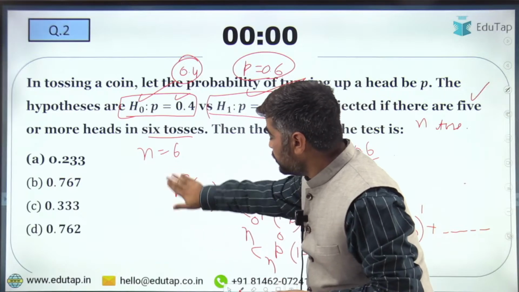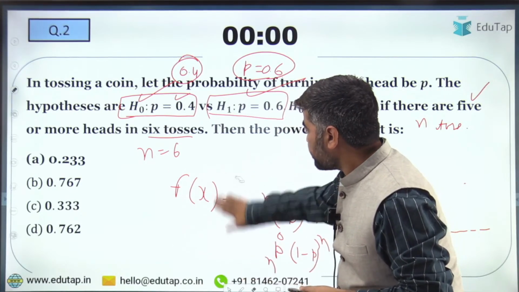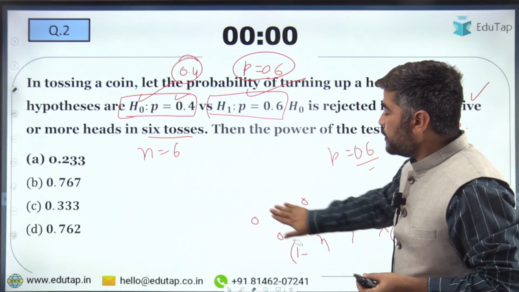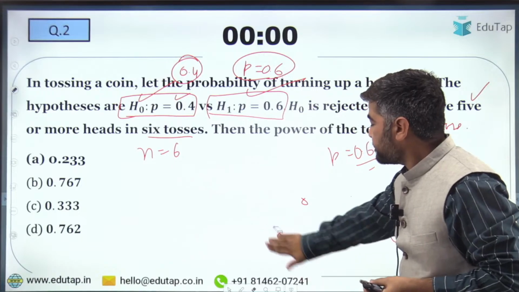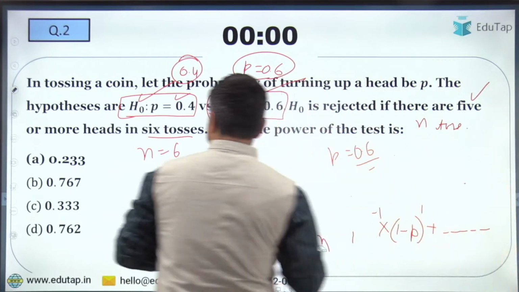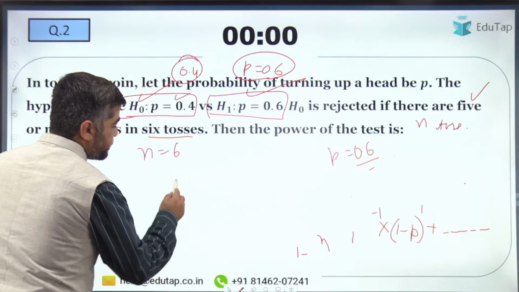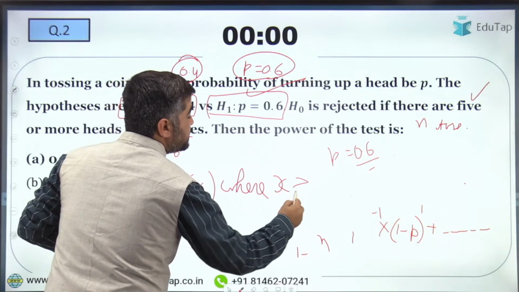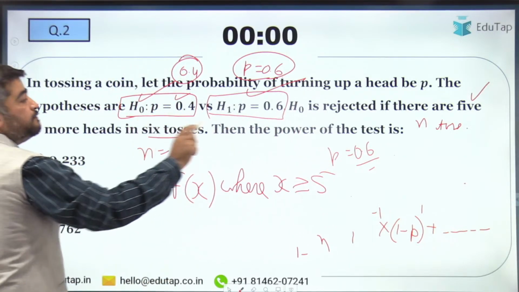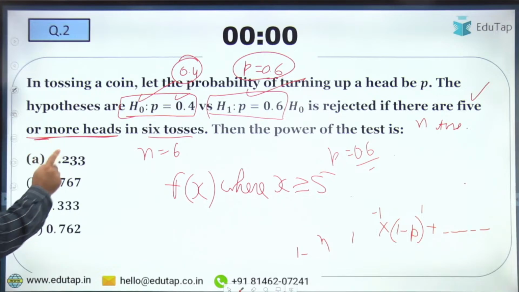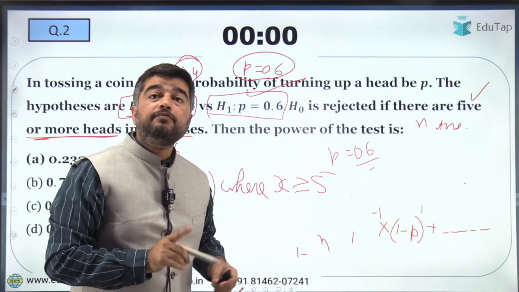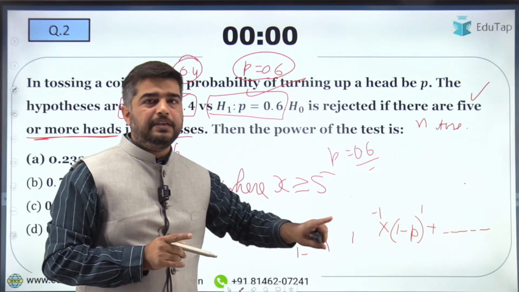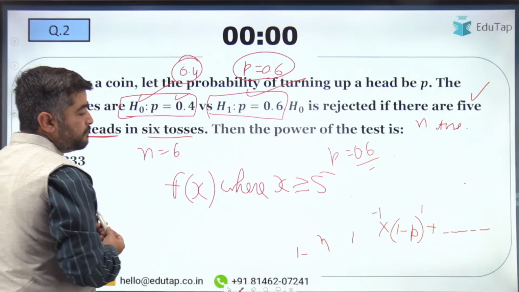And remember, you have to look for f(x) where x is greater than or equal to 5. If there are 5 or more heads in 6 tosses, it means it can be 5 or 6, any of 5 or 6.